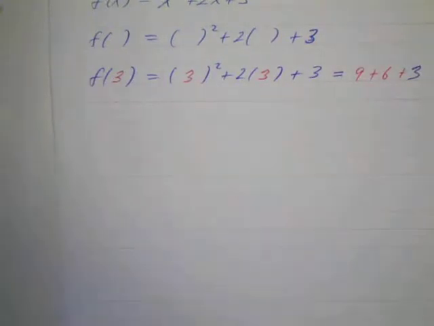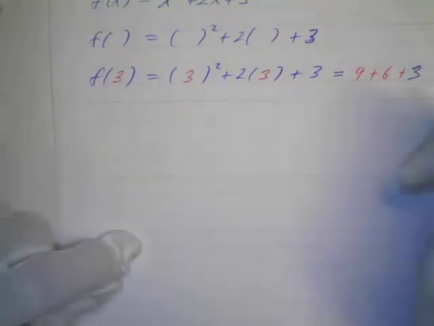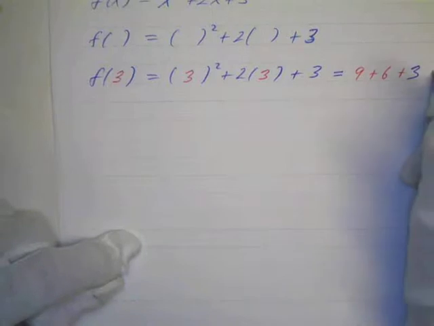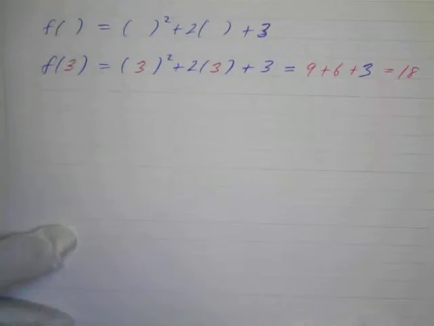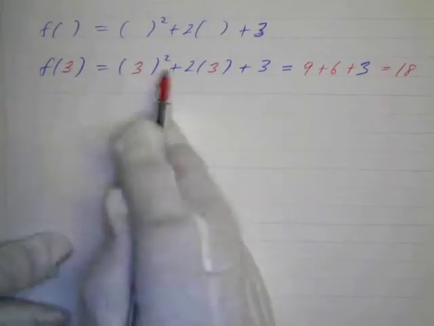And what would that be? Well, 9 plus 6 plus 3 is 18, so we'd have 18. There you go.